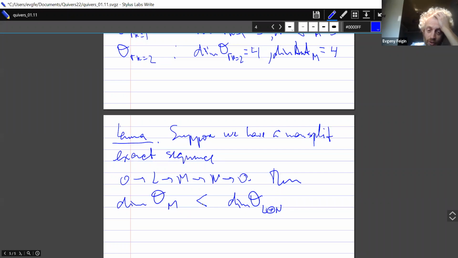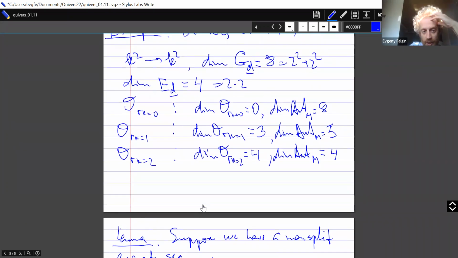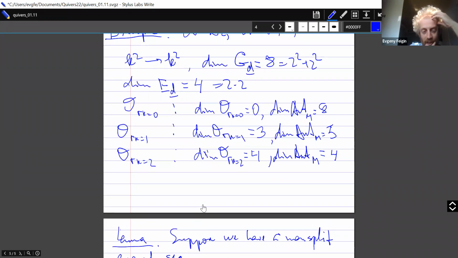I suggest we look at an example above. So let's look at this case where D is 2 plus 2. So if rank is 0, how does our representation look like? How to write M as a direct sum of indecomposables?